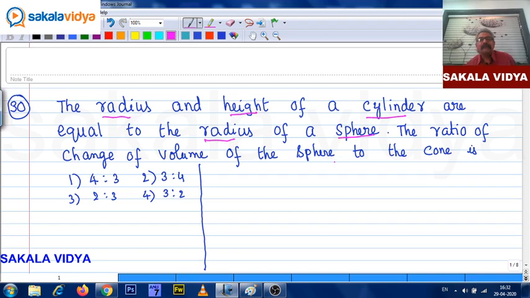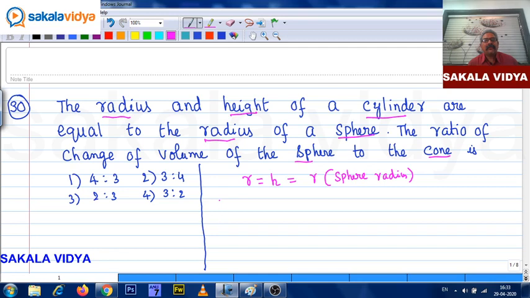The ratio of change of volume of the sphere and volume of the cylinder we need to find out. So the radius is equal to the height, equal to the radius of the sphere. For example, r is the radius of the sphere.